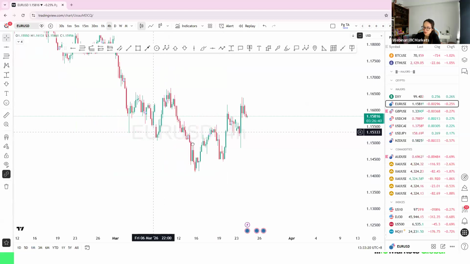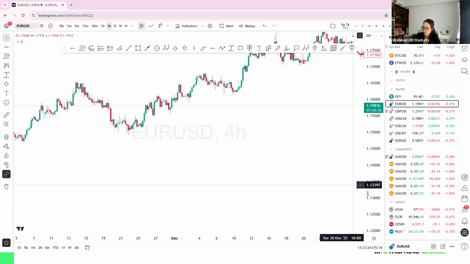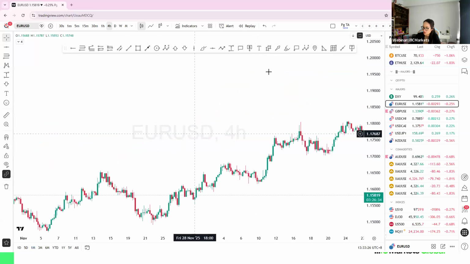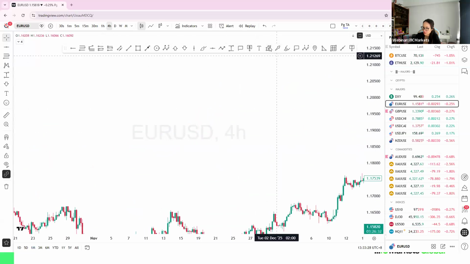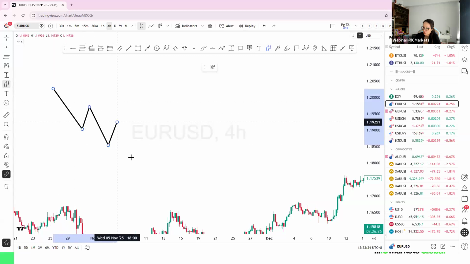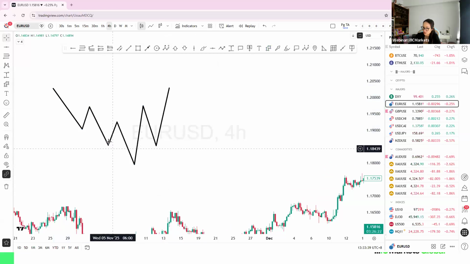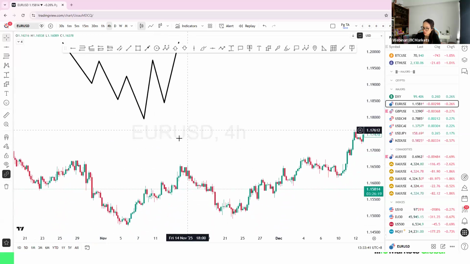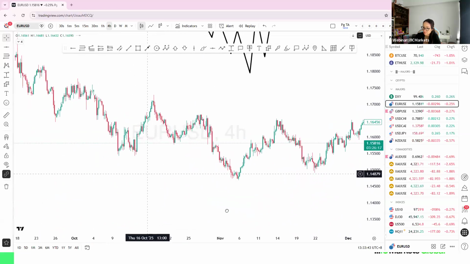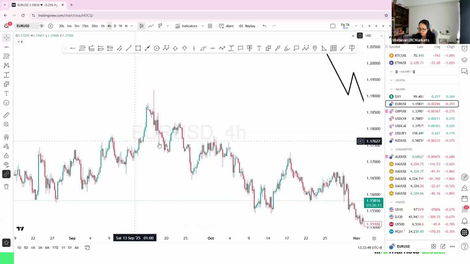This is not the correct head and shoulder, because for head and shoulder we need to wait for them to break. Head and shoulder has to form like that, right? This is, or could be, somewhere around here. This is a head and shoulder that I'm looking for. Maybe.